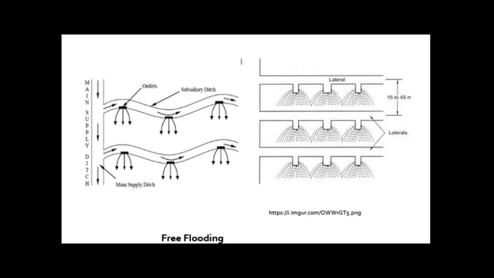The irrigation operation begins at the higher area and proceeds towards the lower area. The flow is stopped when the lower end of the field has received the desired depth of water. This method is mostly suitable for soils of medium texture and with moderate slopes.